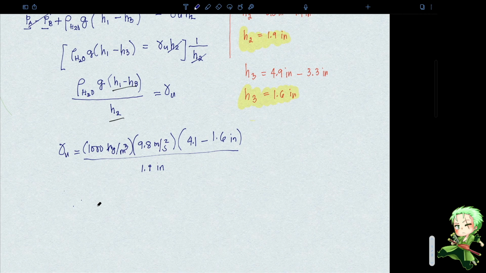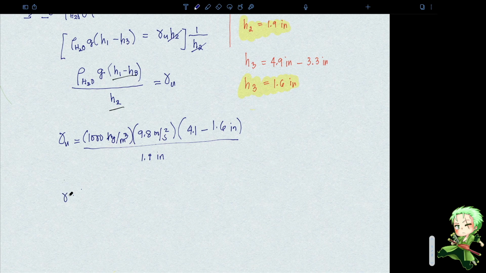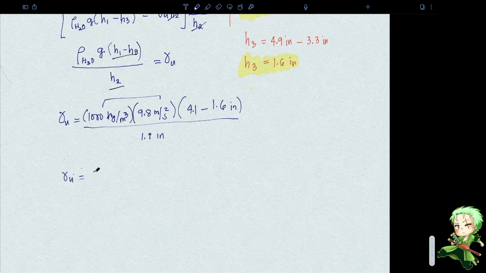So when you do that, you will get gamma u. So the first two terms here, 9.8 times 1,000, you'll have 9,800. For the units, you don't have a problem with kilogram, copy that. Meters divided by m cubed, so that will be per meter squared second squared. And then 4.1 minus 1.6 is just equal to 2.5.